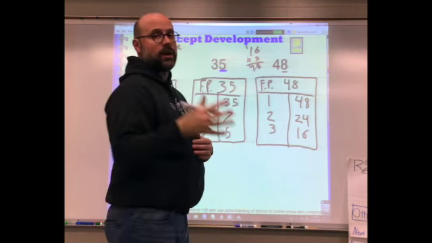Now, you may have to do some skip counting, guys. If you don't know, then I always suggest just start at 1, and skip count by 3s. What about 4? 4 is actually a factor of it as well.